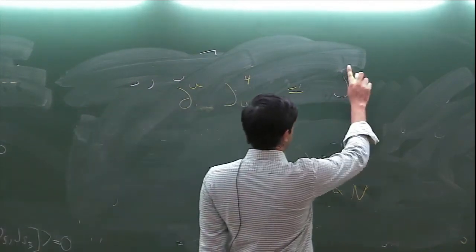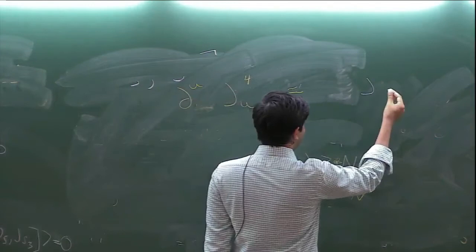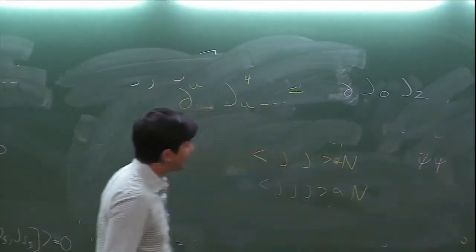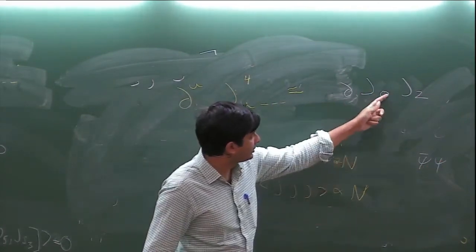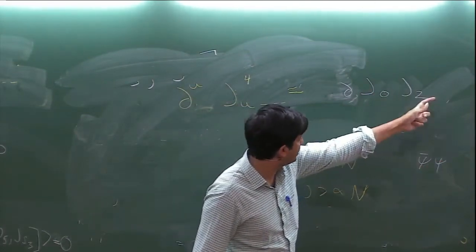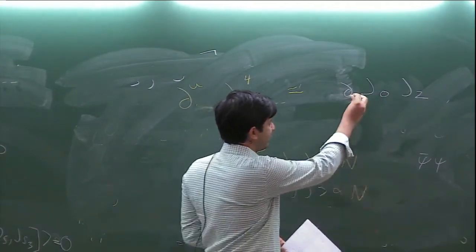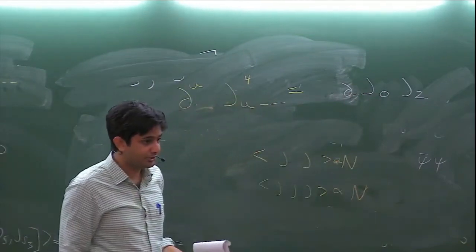At the multi-trace level, you can construct a twist 3 operator, for instance, using one derivative, J0 and J2, if we're, say, in the free fermionic theory, because J0 has twist 2 in the free fermionic theory, J2 has twist 1, and so that's twist 3, and a D in the minus direction does not increase the twist.